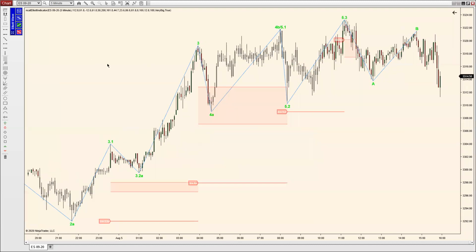We do have traders that will trade these corrective waves. I'm not a big fan of it unless it's really obvious to me, like there's an obvious edge there, then I'll take it. The most common one is taking advantage of the C wave. You get the A, B, and they're looking for a breakout. They'll probably get short right here, or maybe on an engulfing candle here.